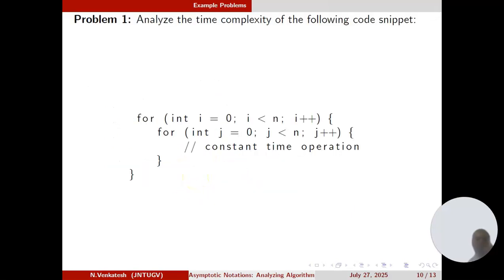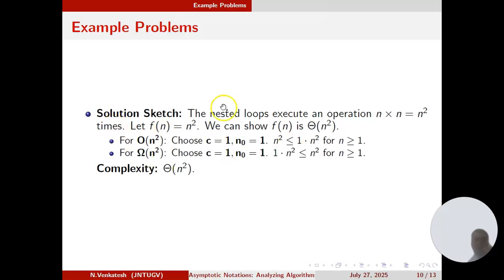Okay. Now, let us consider an example. Suppose you have this code snippet and you have to find the time complexity. Then we can see that the statement inside this nested loop will be executed n into n times, that is, we can say it is theta of n square.